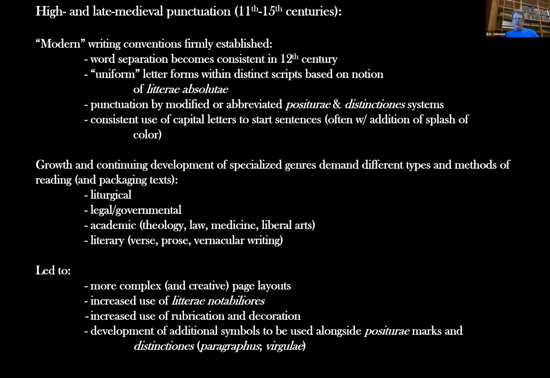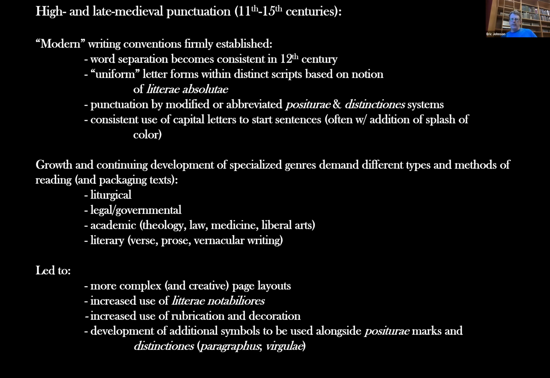So we have increased use of literae notabiliores. We've got lots of flourishing around those bigger letters and those rubricated letters. The increased use of rubrication and decoration to set off different components of text. And we looked at some of that in Codicology II lectures. And also the development of additional symbols to be used alongside distinctiones marks and alongside positurae marks.